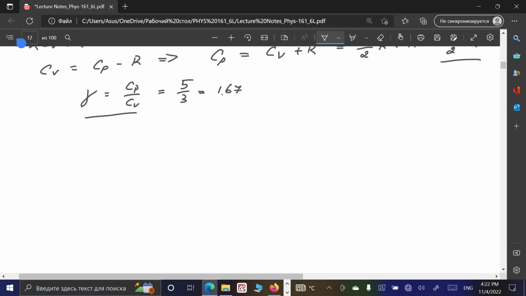The isothermal process has constant temperature, the isochoric process constant volume, the isobaric process constant pressure, and in the adiabatic process there is no heat transfer between the system and the environment. That's a special feature of the adiabatic process.